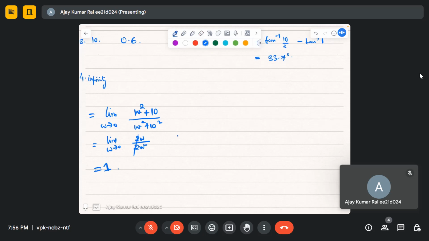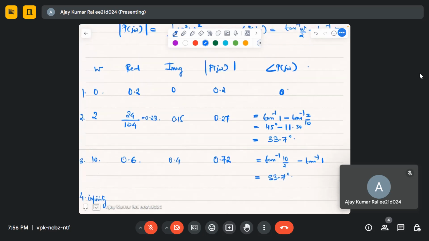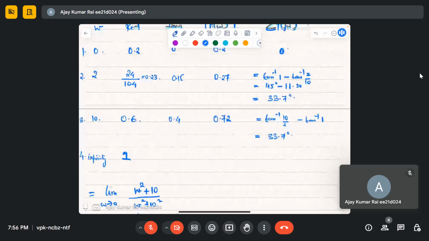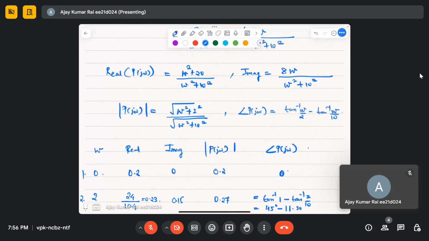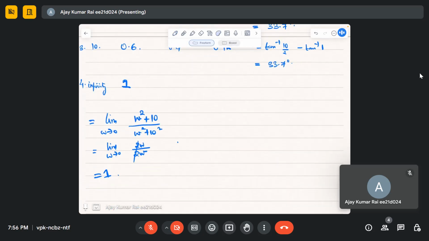You can apply it by differentiating numerator and denominator. You'll get 1, so the magnitude is equal to 1. This is the real part. What is the imaginary part? The imaginary part you're getting is 1 by infinity. Let me write it clearly.